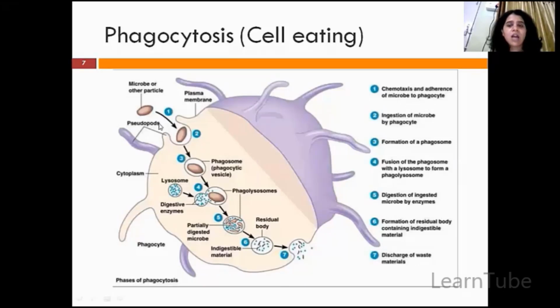Now the start of phagocytosis takes place with the help of chemotaxis. I hope everyone knows the meaning of the term chemotaxis. Chemo means chemical and taxis means movement towards a chemical. So the phagocytes secrete some chemical due to which the microbe gets attracted towards the phagocytes, and later they adhere to the walls.